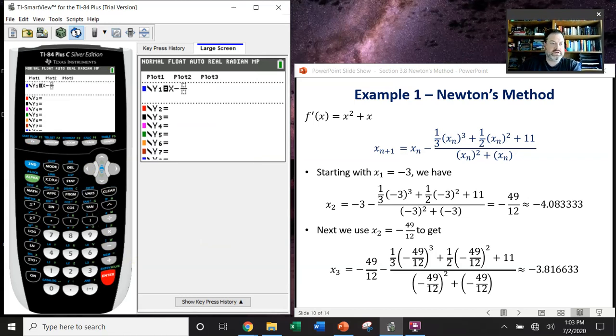So it's 1/3 x cubed plus 1/2 x squared plus 11 over x squared plus x. Oops. Plus x.